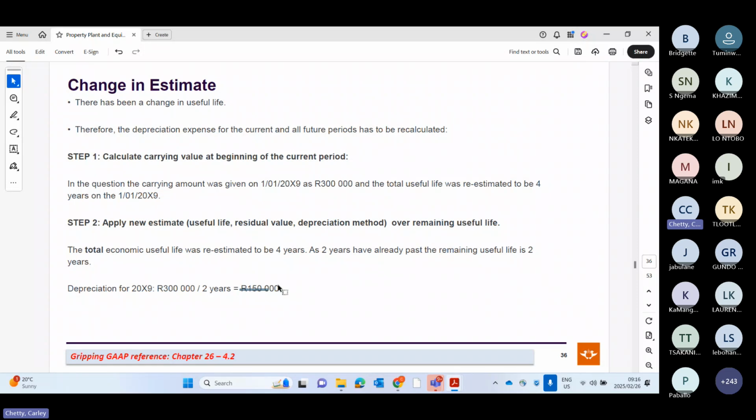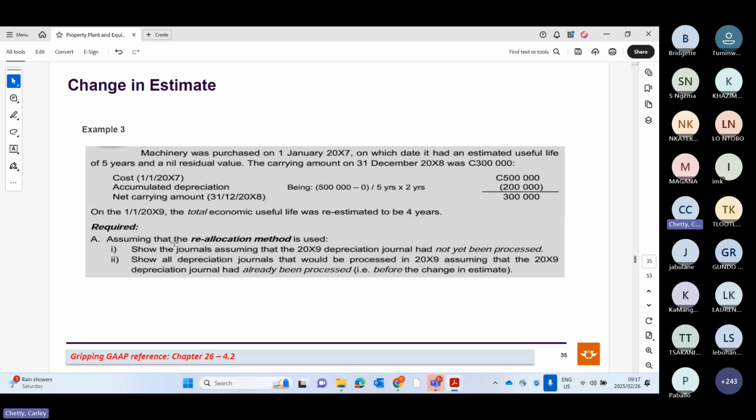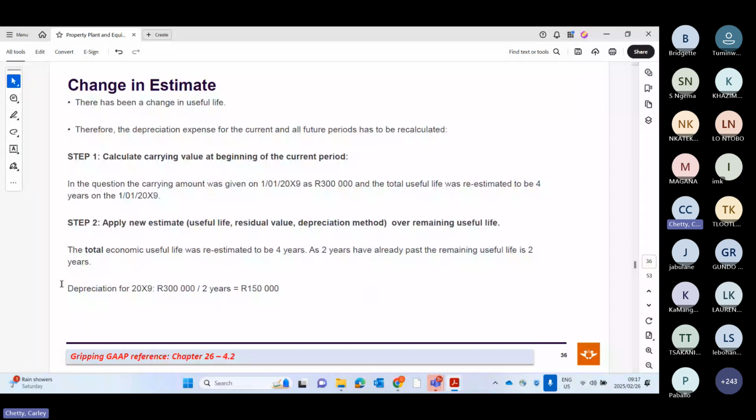So in the scenario here, it says show the journals assuming that the 2009 depreciation journal had not been processed. So if no depreciation has been processed, then we will record a journal relating to this amount here. So we need to record this amount as depreciation, which is 150,000 Rand. So we will debit depreciation.